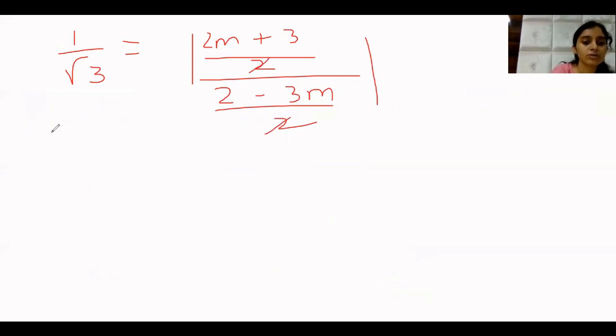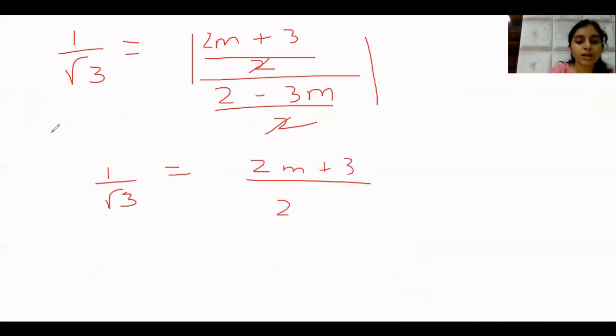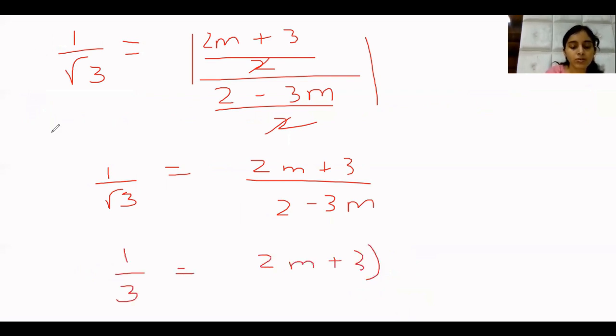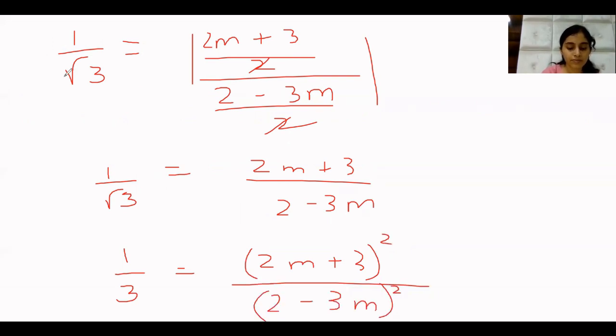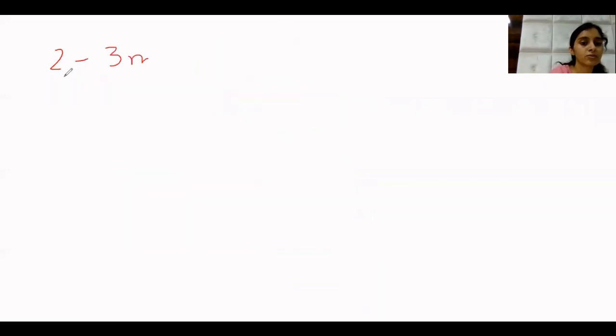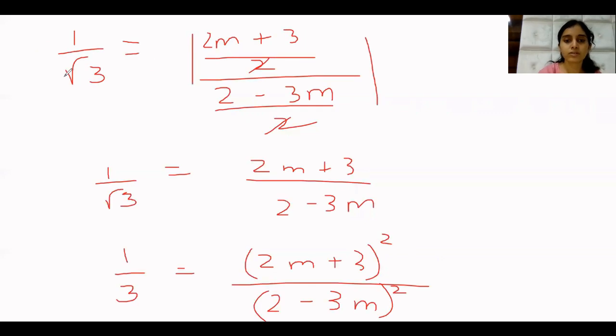We have 1 upon root 3 is equal to 2m plus 3 upon 2 minus 3m. So we'll square on both sides. We'll get 1 upon 3 equal to 2m plus 3 the whole square upon 2 minus 3m the whole square. Okay, let's cross multiply. So we have 2 minus 3m the whole square is equal to 3 into 2m plus 3 the whole square.